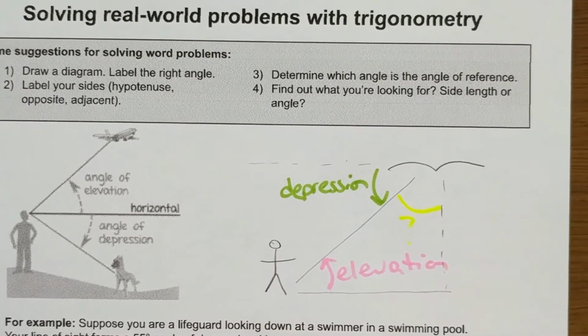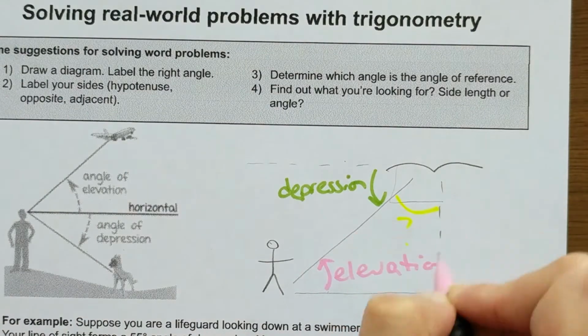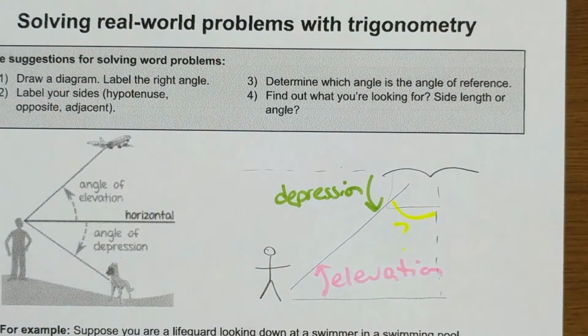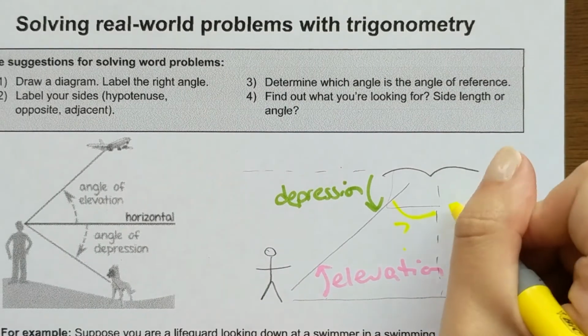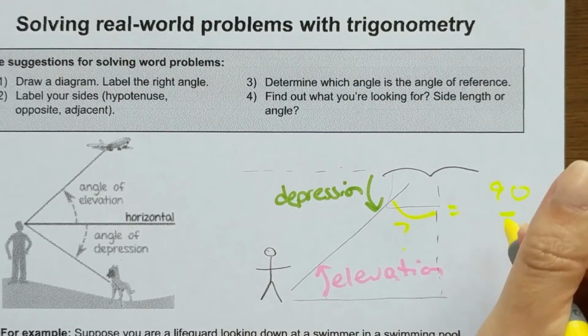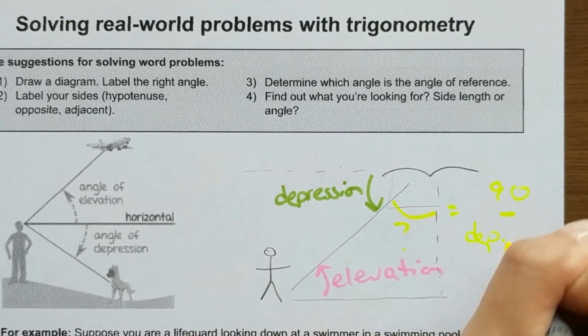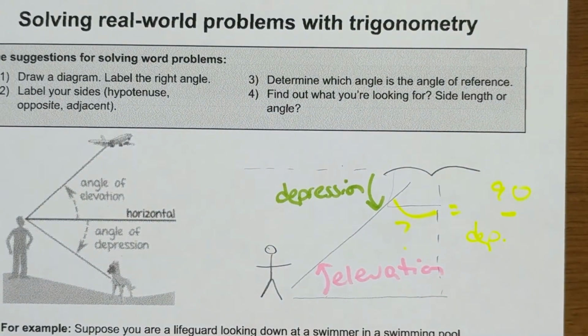In order to do that, we need to remember that this is a right angle and that those two are going to add up to 90 degrees. And so the question mark angle is going to be equal to 90 minus the angle of depression.